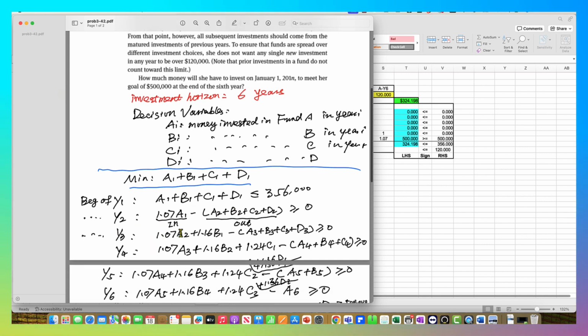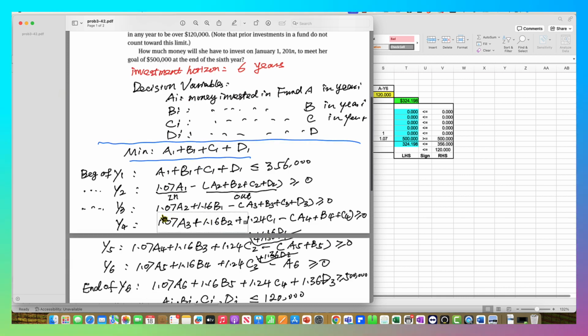Similarly, for year 3, money invested in A in year 2 now matures. It grows to 1.07A2. B1 also matures, growing to 1.16B1. In year 3, she can still invest in all 4 instruments. Again, flow in should be greater than or equal to flow out.